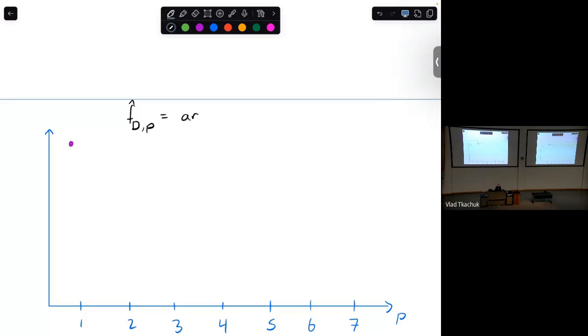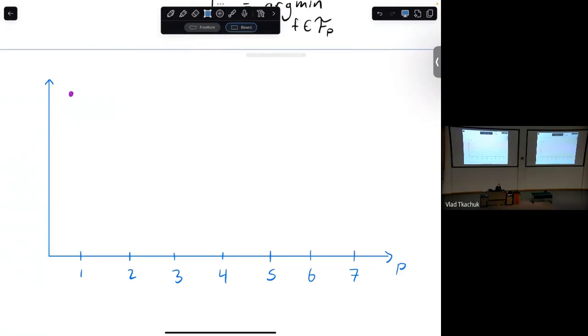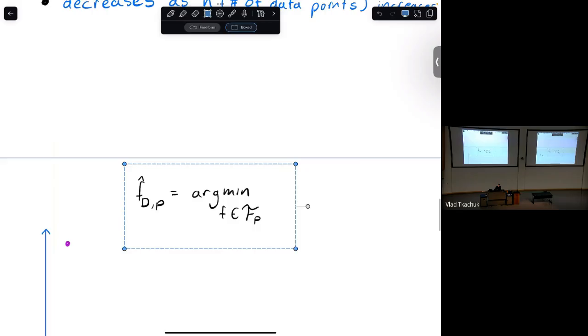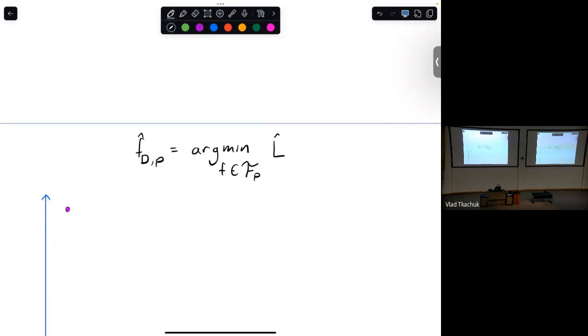This is going to equal the minimizer, which is the solution to your ERM problem, of f when you use the function class of polynomials of degree p. Okay, so this is how things differ. And you're minimizing the same empirical risk.